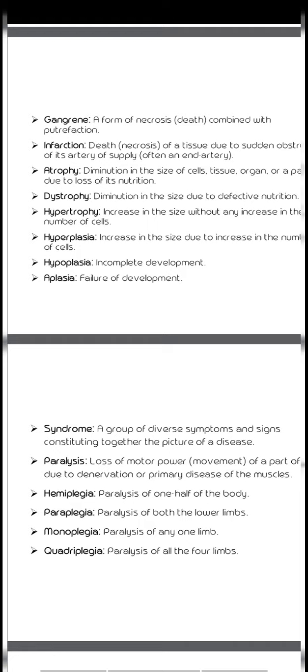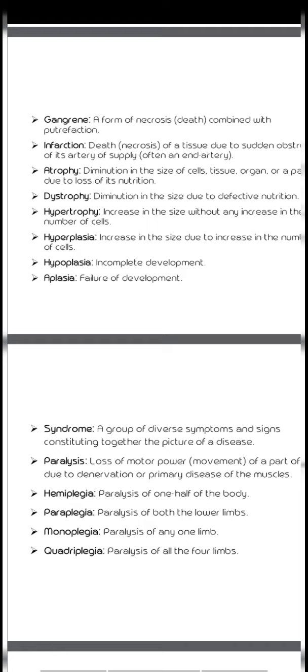So in dystrophy, the cells are damaged, whereas in atrophy, the cells are just shrunken, they are just decreased in size. So dystrophy is the diminished size of the cells due to defective genes, due to defective nutrition.